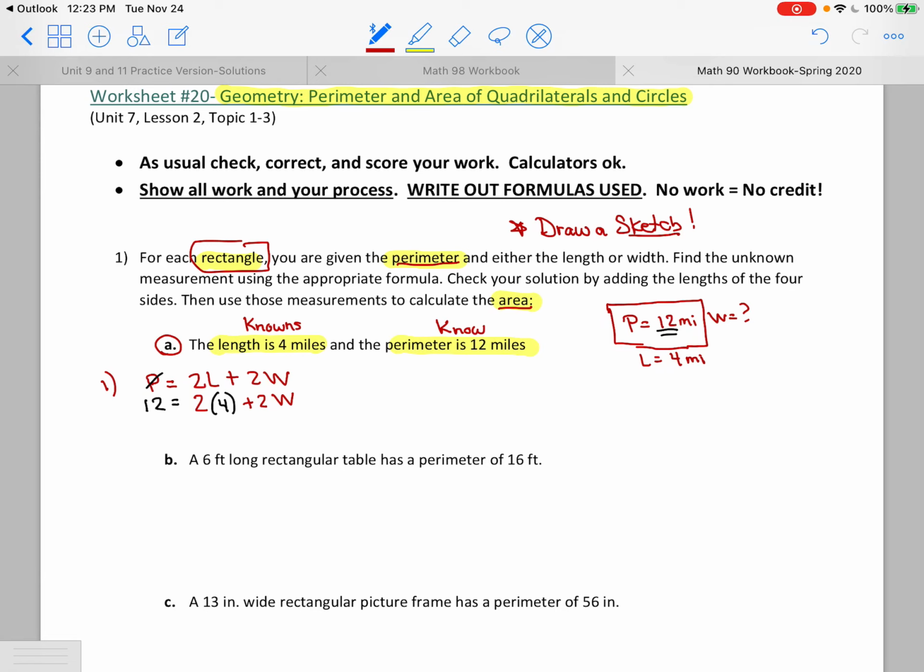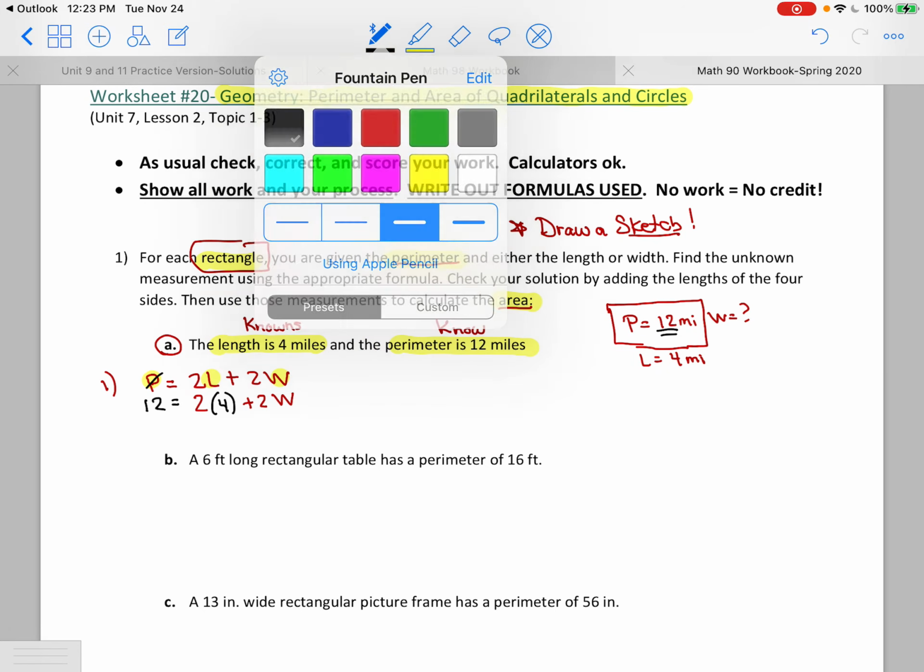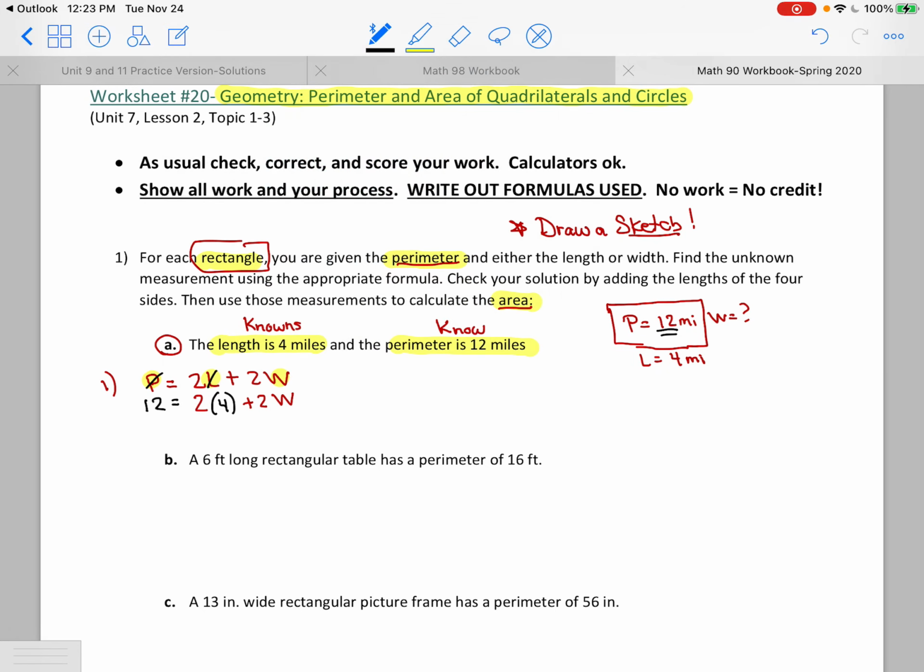And you notice we had this original formula that had 3 variables in it. We had the P, the L, and the W. Well, there's no way that we can solve an equation if we have more than one unknown in there, right? The rule of algebra is for every unknown or variable that you have in an equation, you have to have that many equations to solve it. So later on in Math 98, for those of you who are going on to Math 98, we will get into systems of equations.